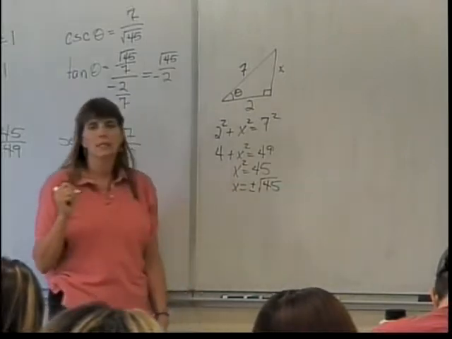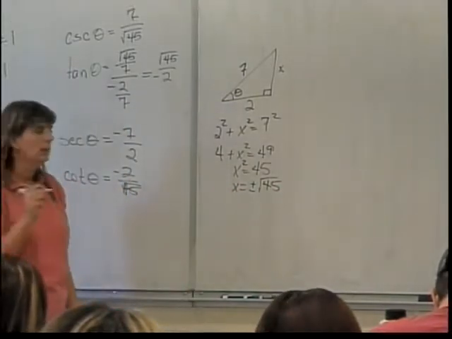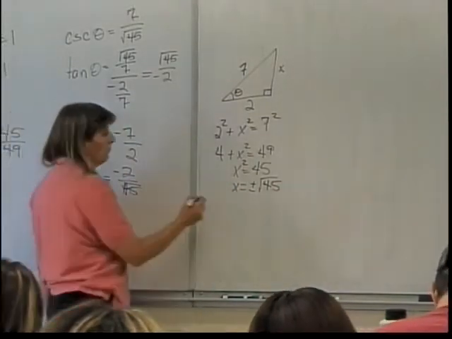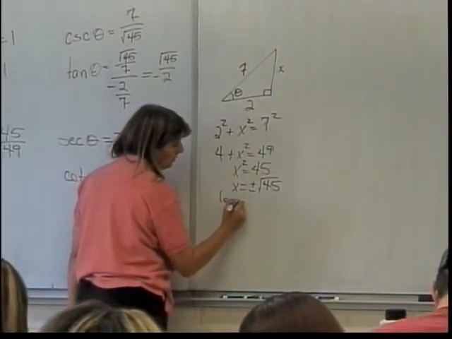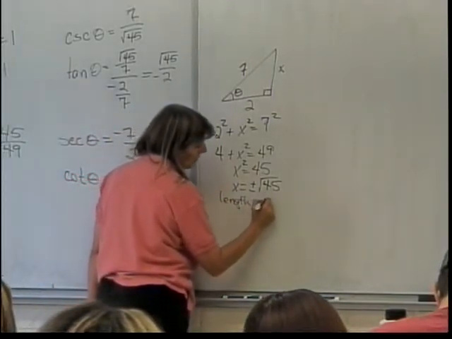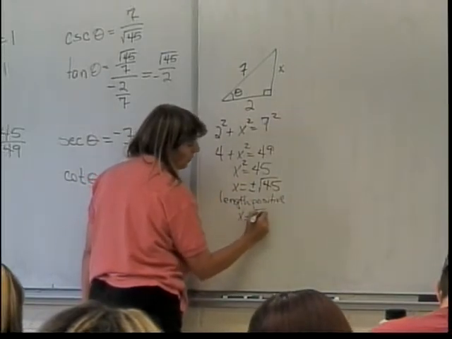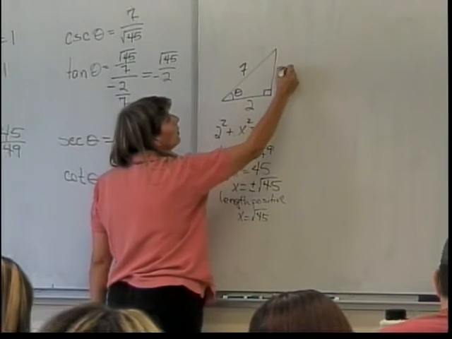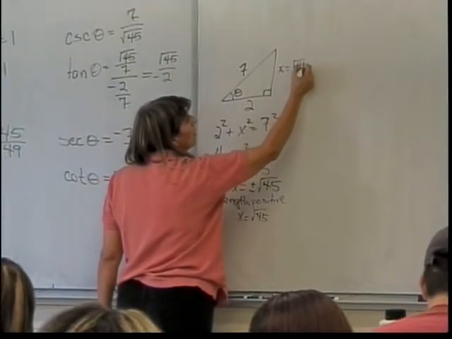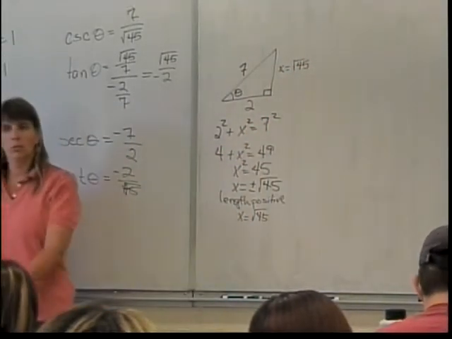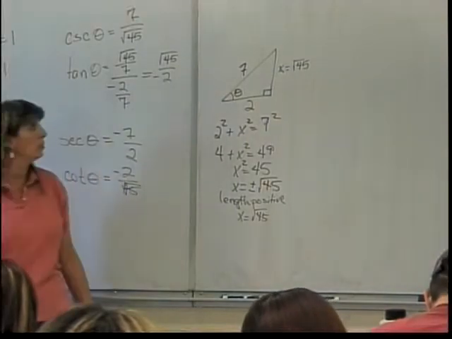Which one is it and why? Yeah, length is positive. So x is going to be the square root of 45, and so that's this one right here. But now I'm set to actually do everything I need to do.